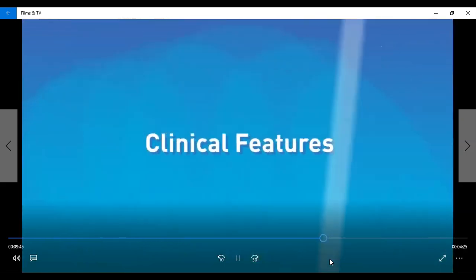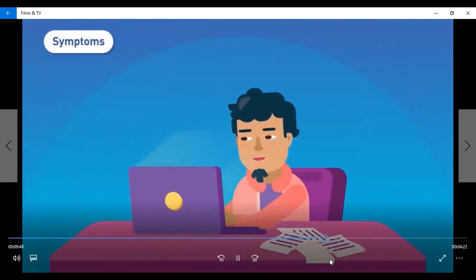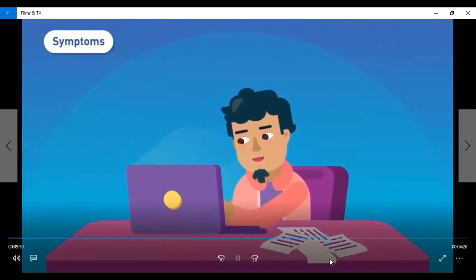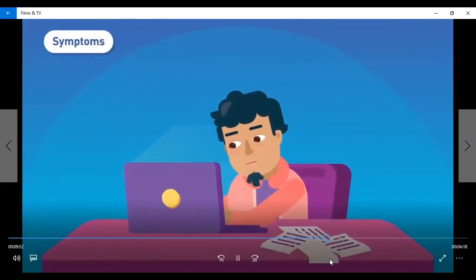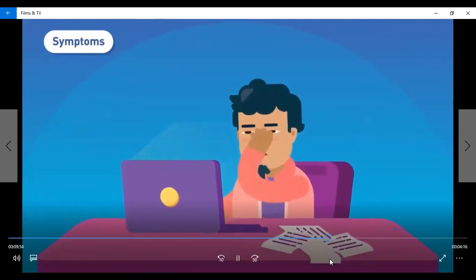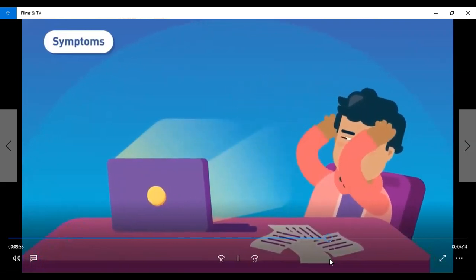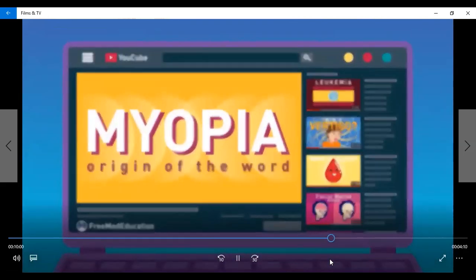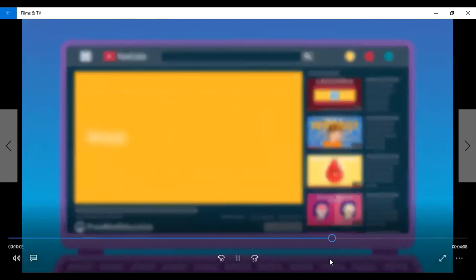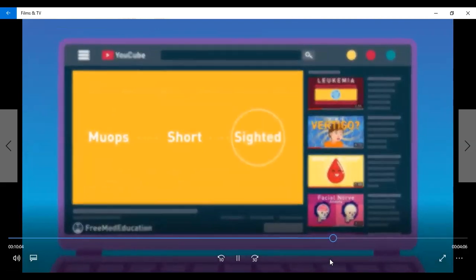Clinical features. Symptoms. Eye straining or discomfort. Asthenopia, including eye tiredness, pain, headache, or mild photophobia. Blurred vision with eye straining, when muscle contraction attempts but fails to correct hyperopia.